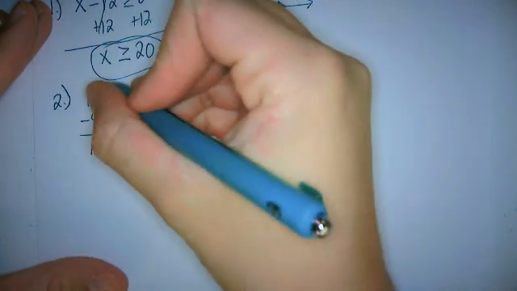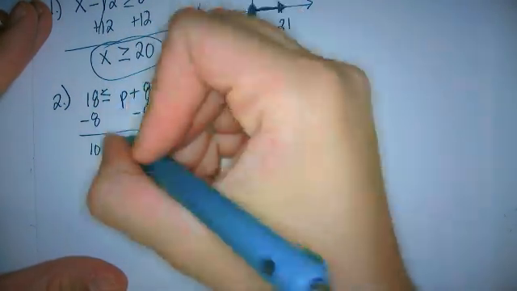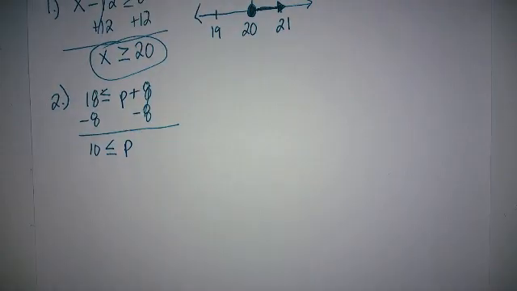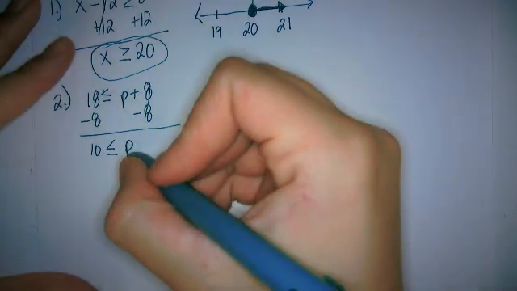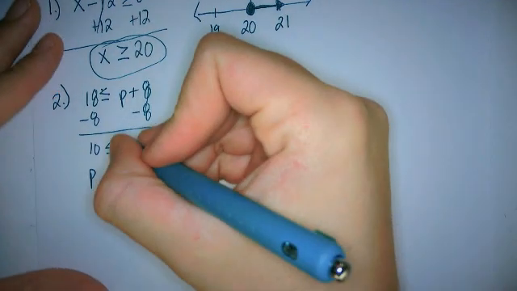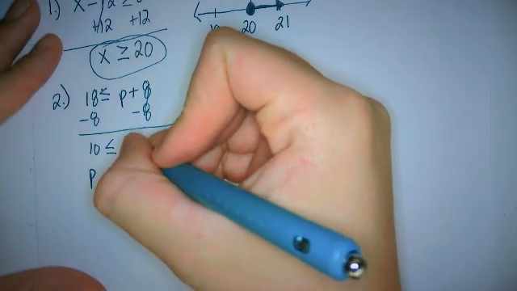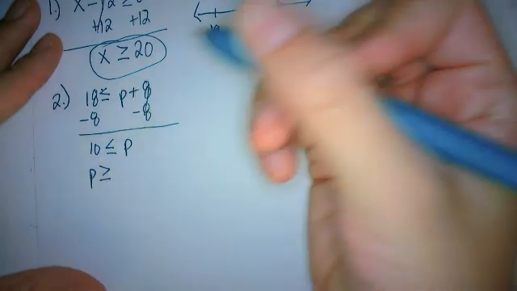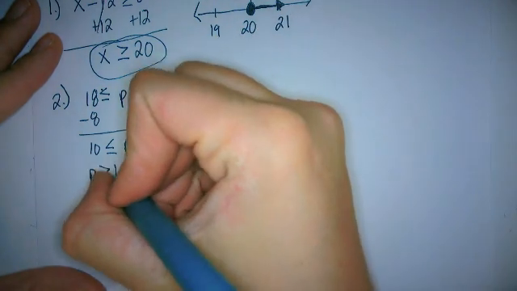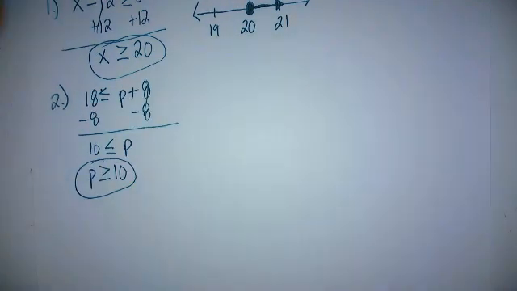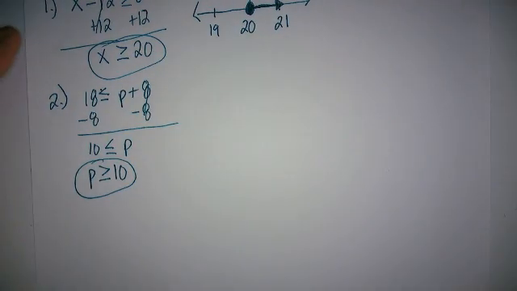To get 10, keep my sign the same, is less than or equal to p. When we get something like this, though, we always want to write our variable first. Okay, so I would write p first. Since my inequality sign opens up to p, it has to open up to p when I rewrite it. So it's actually p is greater than or equal to 10.